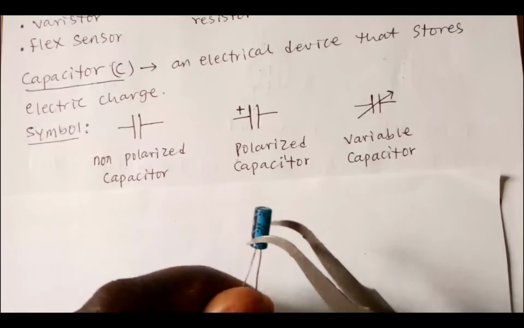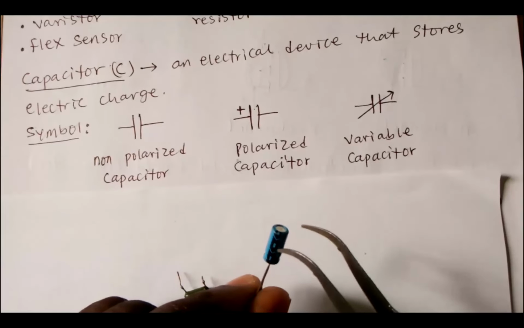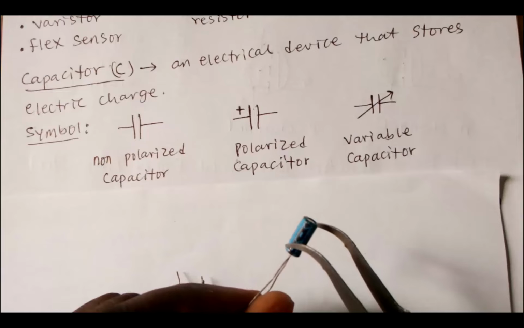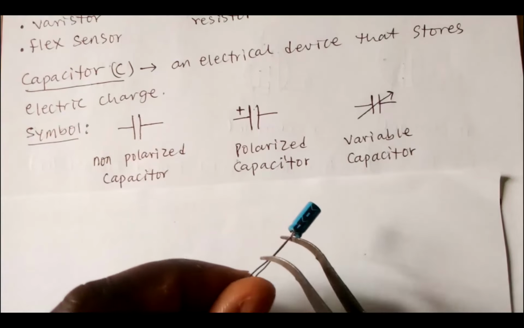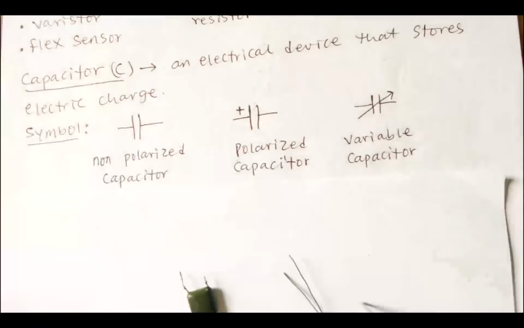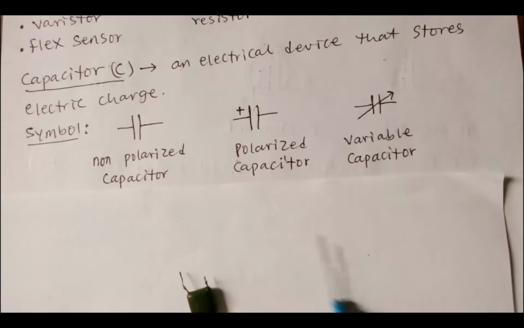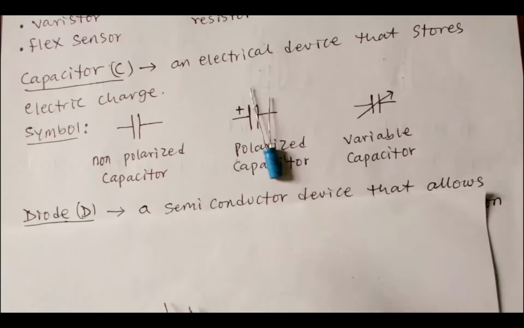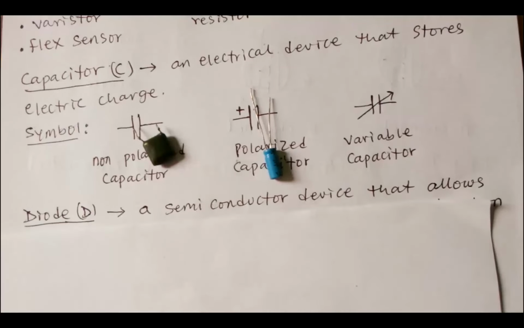This mark you are seeing here is the negative terminal. You understand? So this is polarized, and these are the non-polarized capacitors.